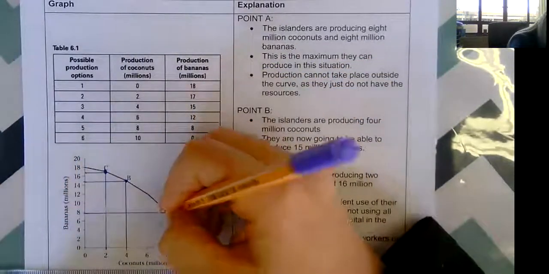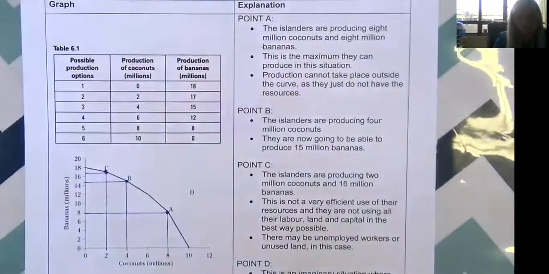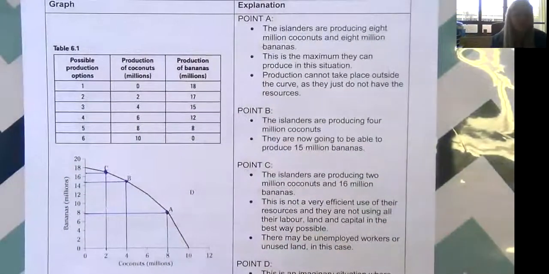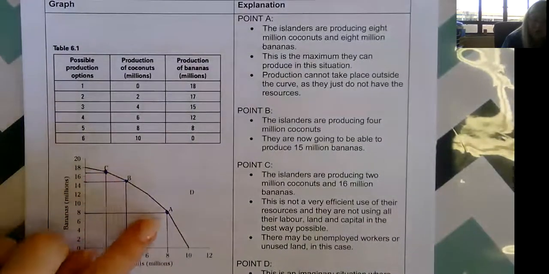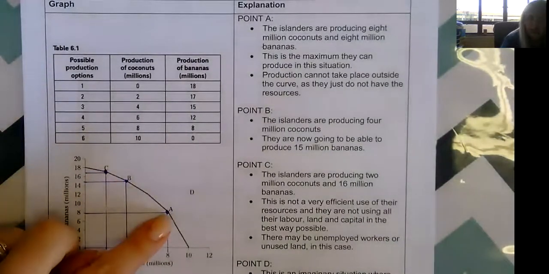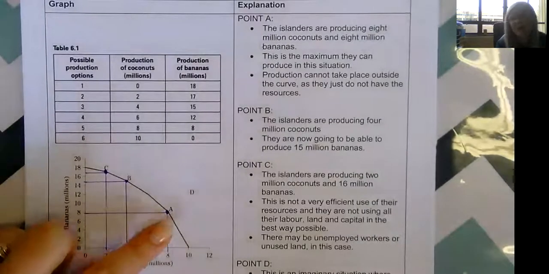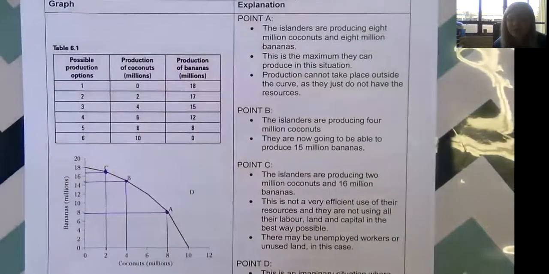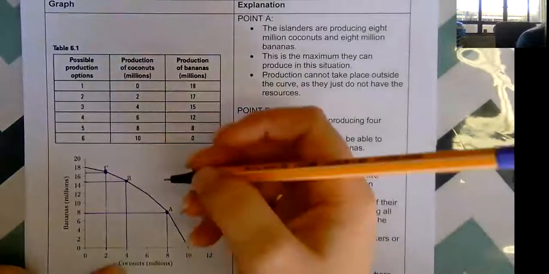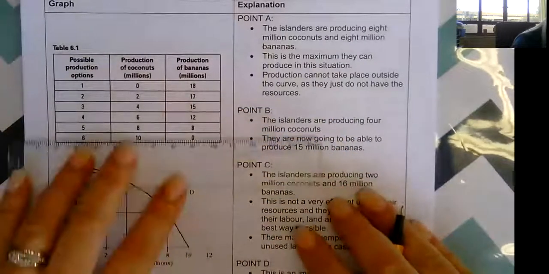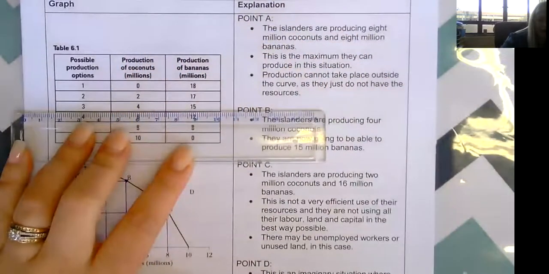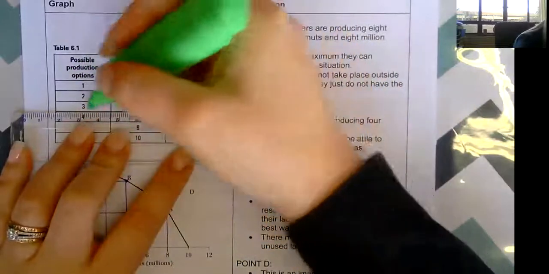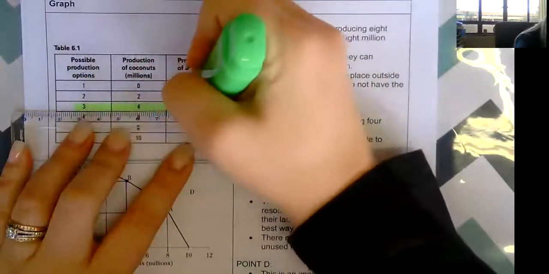Okay. So this is our various points. Now, first of all, if I move from point B to point A, that is basically where you make a choice and opportunity cost occurs. Let me show you: at point B, I had 4 coconuts and 15 bananas.